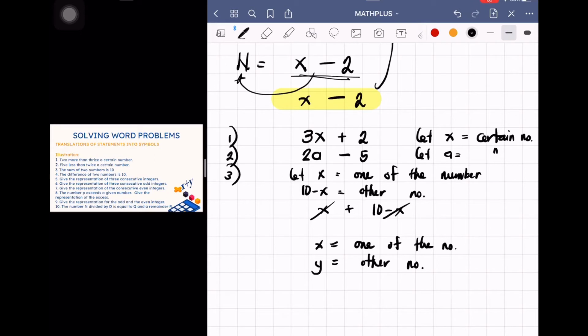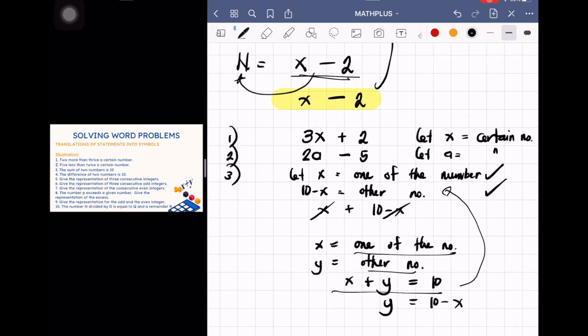Tapos, the statement that says the sum of the two numbers is 10, ibig sabihin, pag pinag-add ko daw si x at si y, ang value niyan equal sa 10. At dito lalabas pa rin yung ginawa natin kanina. 'Di ba? If x is one of the number and y is the other number, you can solve for y, the other number, which is 10 minus x. So, lalabas pa rin. Ito pa rin yung representation, 'di ba? So, it depends upon your style. If you use a single variable when representing, or you use two variables when you are representing. Pero of course, we always recommend as much as possible, kung pwedeng single variable lang para mabilis mag-solve.